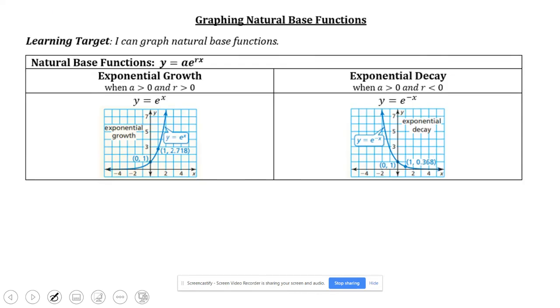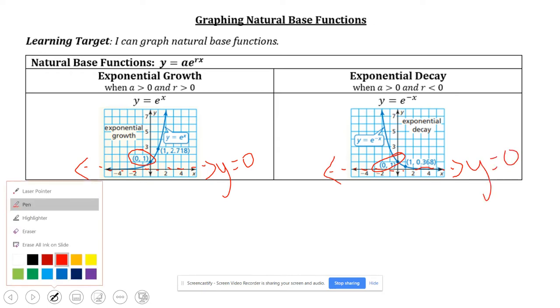The graph of a natural base function is the exact same as exponential growth and decay. They still have the 0, 1, go-to point, y-intercept. They still have our asymptote at y equals 0 on both graphs.